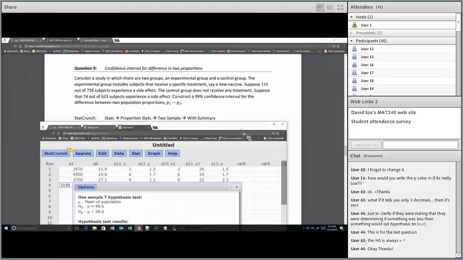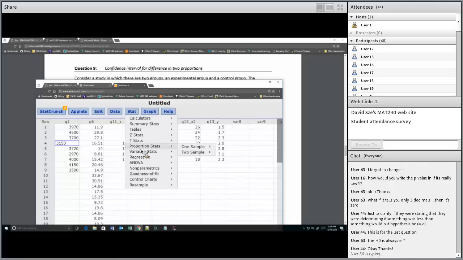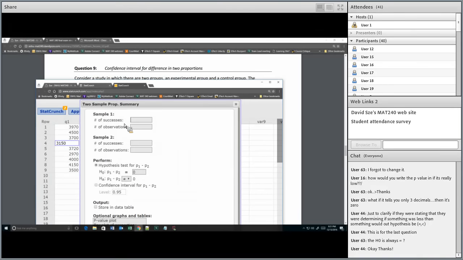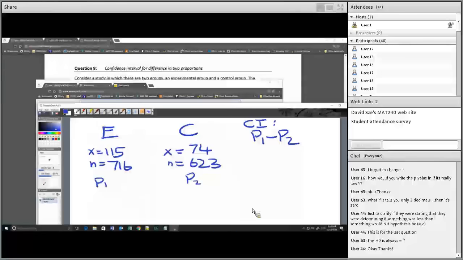So I'm going to go to StatCrunch. Let's go to Stat, Proportion Stats, Two Sample with Summary. And I see I wrote these in a tabular form. I think you should do the same for the problems in your exam and the homework.